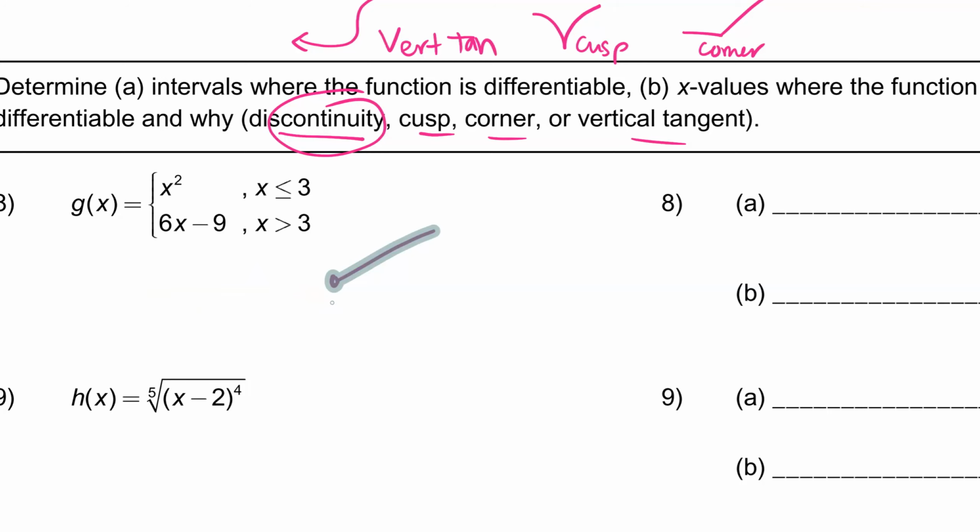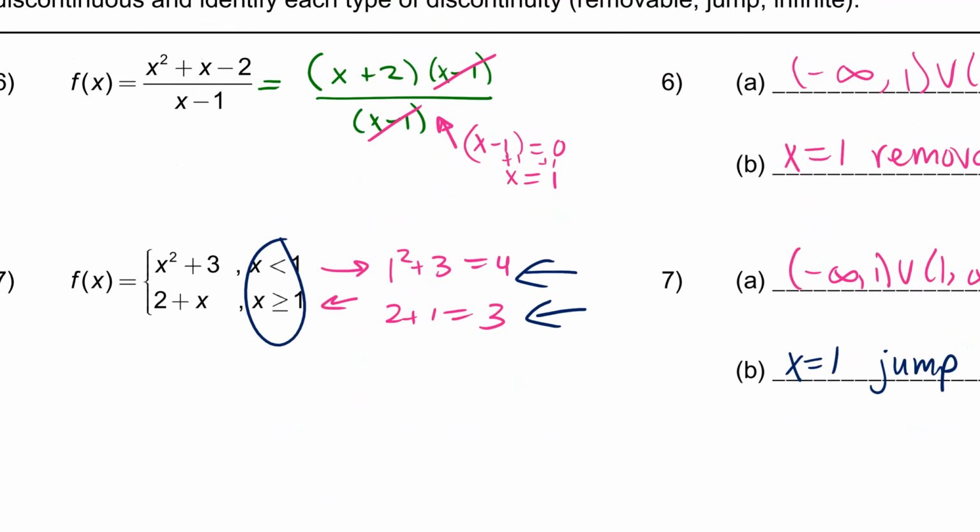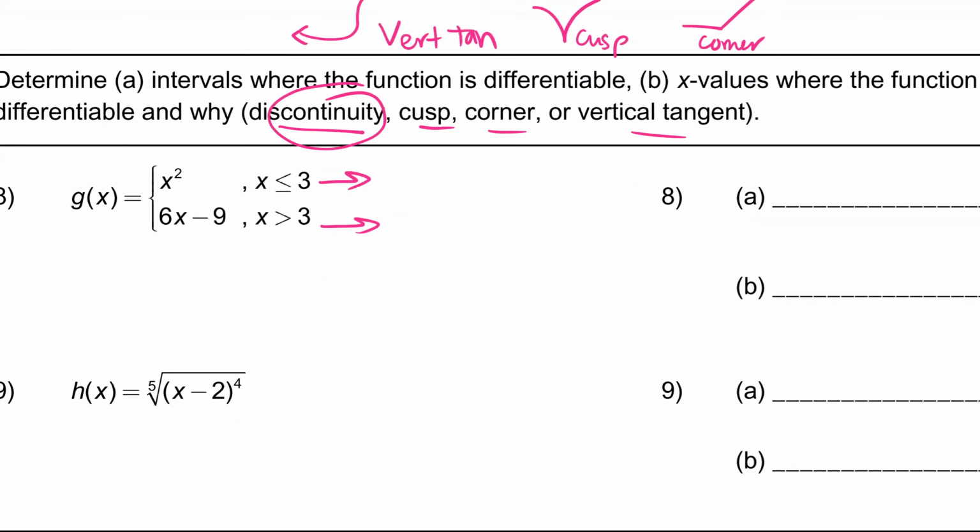So let's even check. For it to even be differentiable, it has to be continuous. Okay, so to check if it's continuous, I have to check, is my y value where I'm exiting the same as the y value where I'm entering? Yes, jump discontinuity right here. A jump is a discontinuity, and a discontinuity will not allow it to be differentiable.